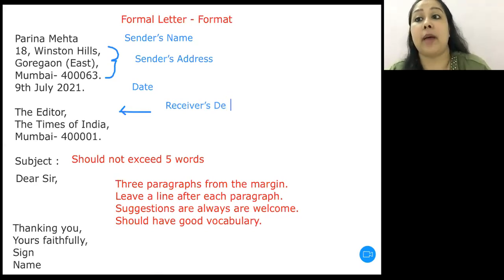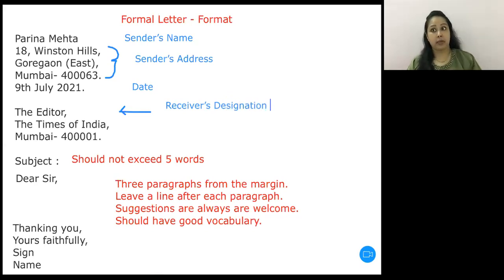Which is always in capital letter. The initial has to be capital. Please keep your ears open. Every small thing that I am stating can be a part of your MCQ. Then you have the receiver's address.